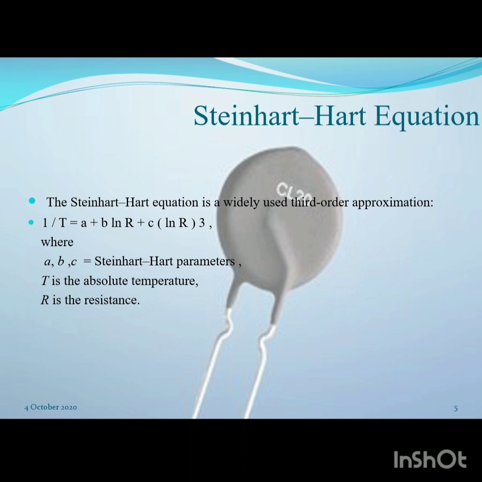Here T is the absolute temperature, and R is the resistance. To give the resistance as a function of temperature, the cubic equation in ln R can be solved. The real root is given by ln R is equal to the cube root of x minus the cube root of x, with B by 3C, x to the power of 1 by 3.